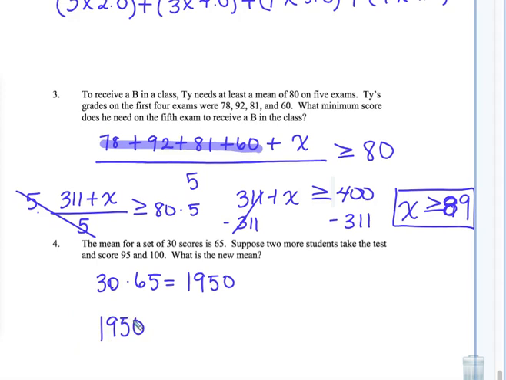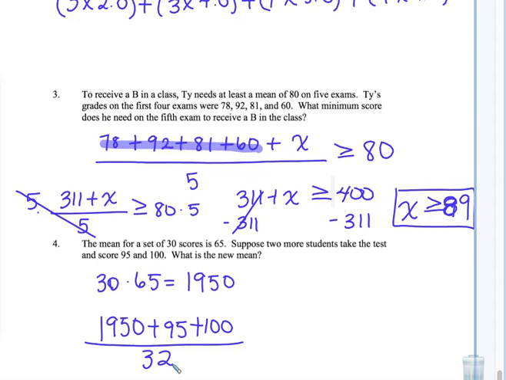Then I can add in those other 2 tests. So I have 1,950. I add the 95 and I add the 100. And now I'll divide that by 32 to get the average of the 32 scores now, once those other 2 are added in. When I do that division, I'll take the 1950, the 95, and the 100, total that out.